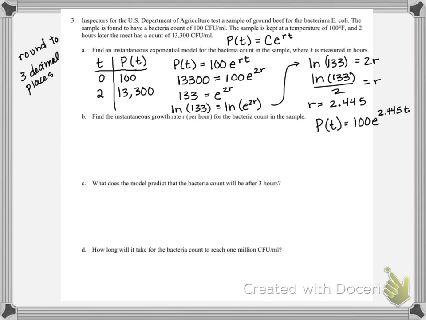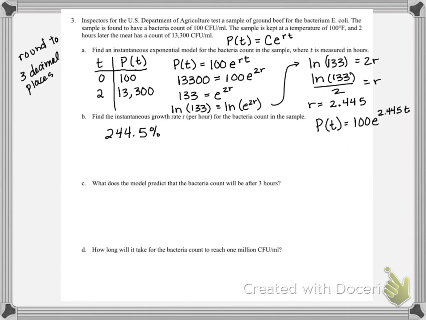So all the ones I looked at had the correct answer for A. Yeah, look good. And then B is 244.5%, right? It's just your R value as a percentage, right? So multiplying 2.445 by 100 will give you that 244.5%.